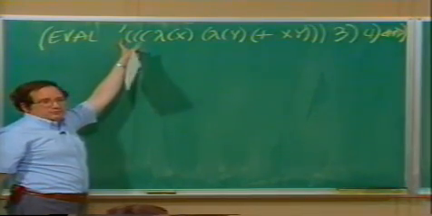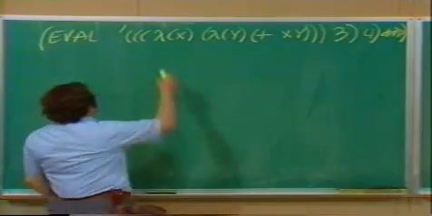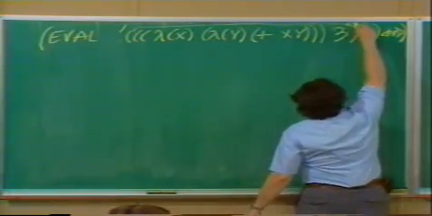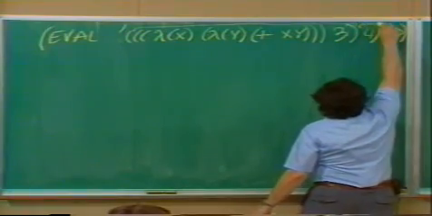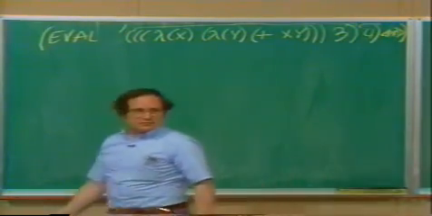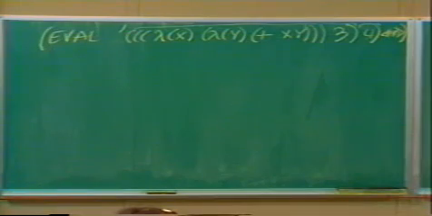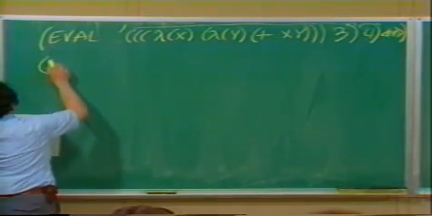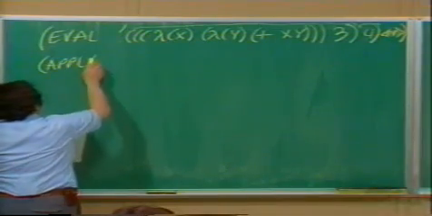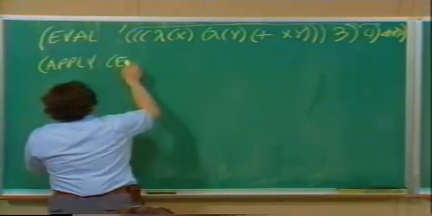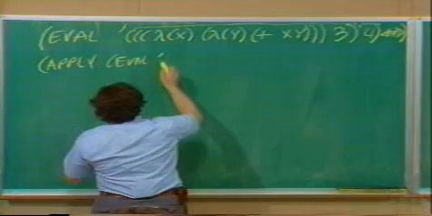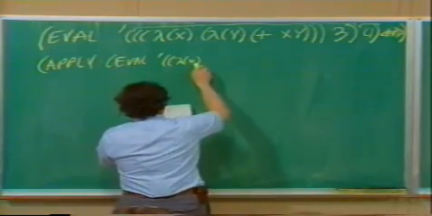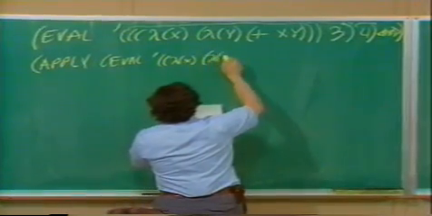It's a combination. The combination thus has this as the operator, and this is the operands. Well, that means that what I'm going to do is transform this into apply of eval of, quote, open lambda of x, lambda of y.